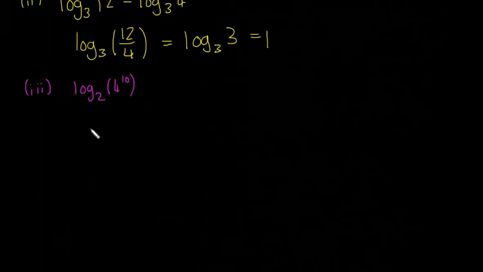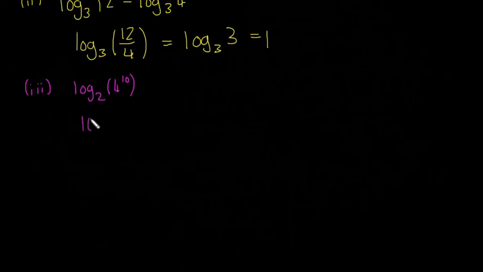So this implies 10 multiplied by log to the base 2 of 4. If you do log to the base 2 of 4 in your calculator, that's going to be 10 multiplied by 2, which is equal to 20 as our answer.